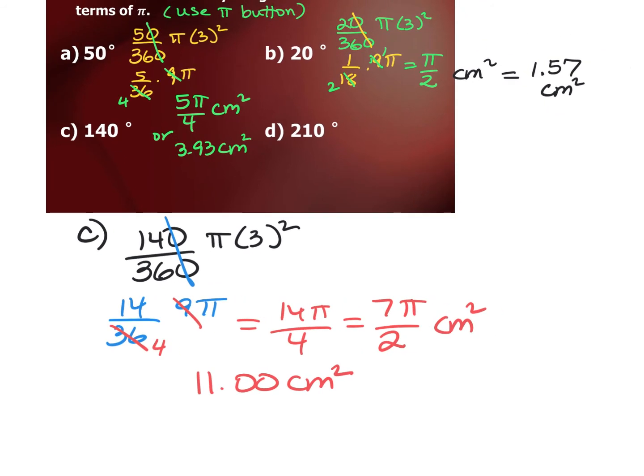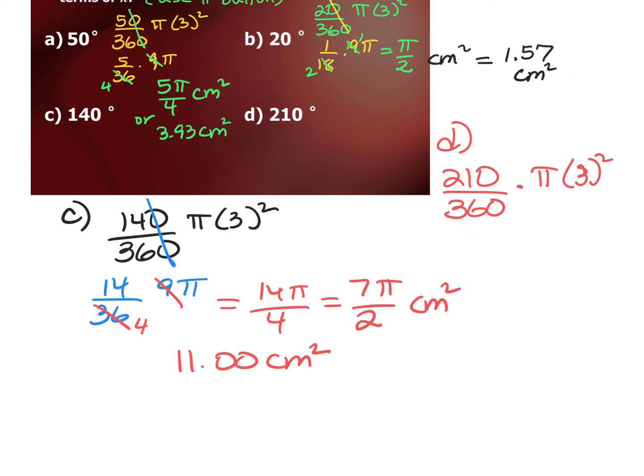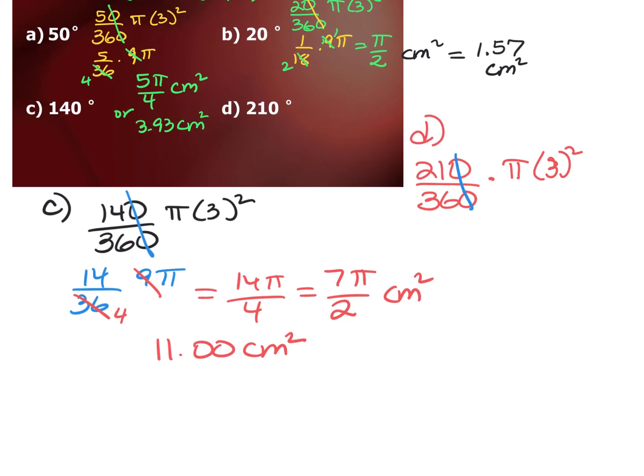And then for part D, you're going to do 210 over 360, because it's a part of the circle, pi times radius squared, so 3 squared. And then again, I could simplify the zeros. You can either choose to reduce the 21 over 36 first, or again, simplify the 9 and the 36 first.